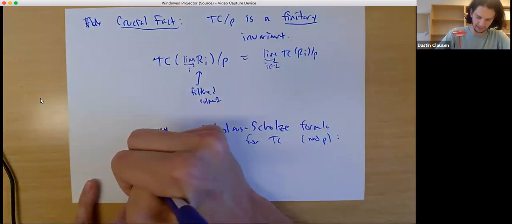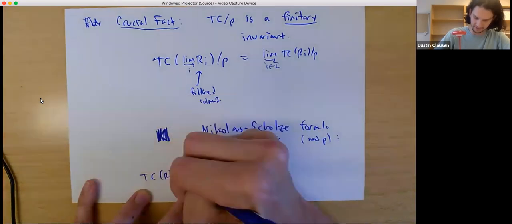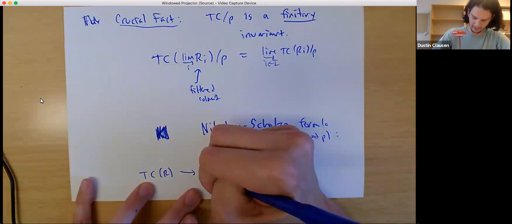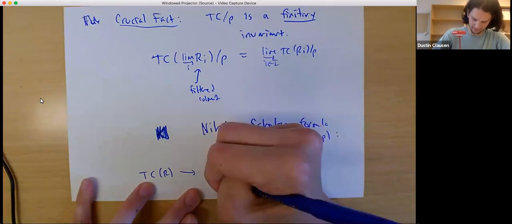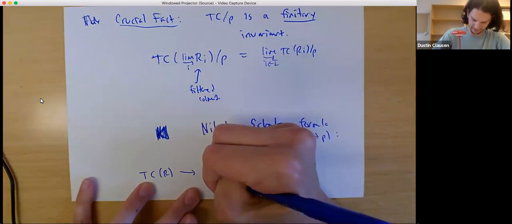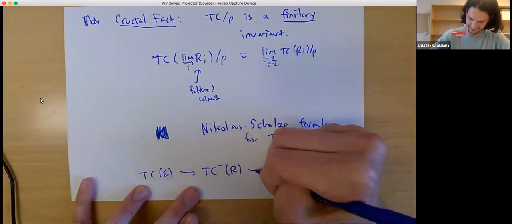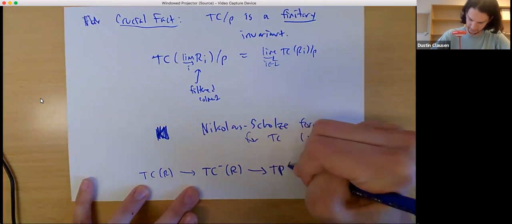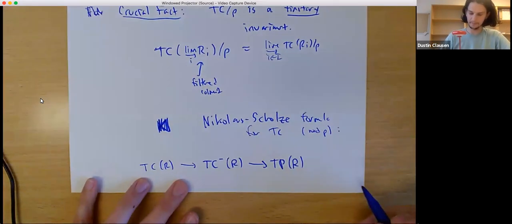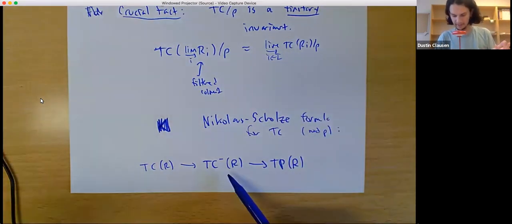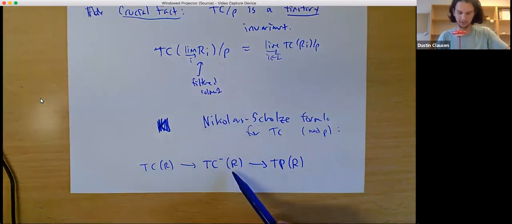So if you want to take TC of R, that's defined as a fiber of a map from, now I never know what the correct notation is for these things, but topological negative cyclic homology, mapping to topological periodic homology, where this is defined just like negative cyclic homology, except instead of using Hochschild homology, you use topological Hochschild homology.